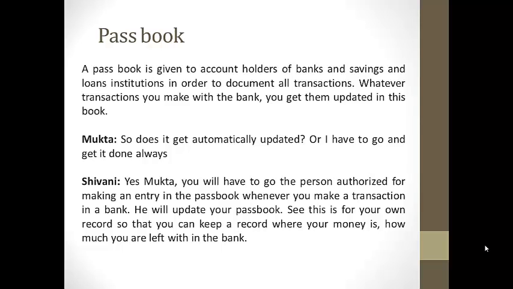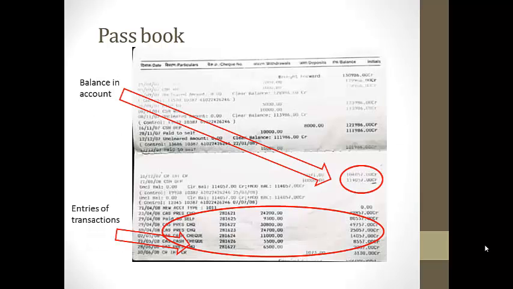This is basically for your own record so that you can know where your money is, how much you are left with in the bank. This is an example of a sheet in the passbook. Here is where you can see the balance in your account, and this is a summary of the transactions that you make with the bank.